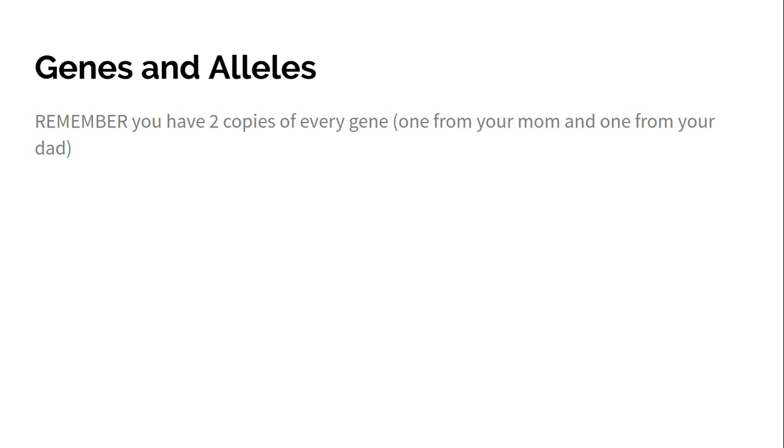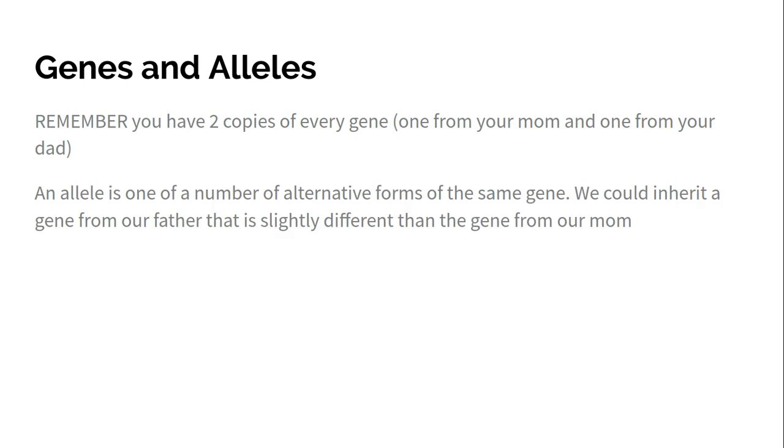Now, genes and alleles. So you have 2 copies of every gene because you have one from mom and one from dad. Okay, so an allele is the alternative form of the same gene. So we can inherit genes from our parents, one from mom and one from dad, but alleles mean that those genes aren't identical. They're slightly different.